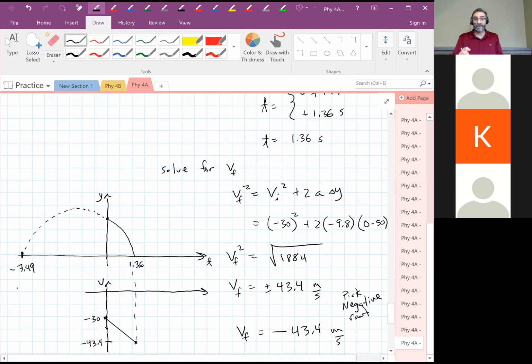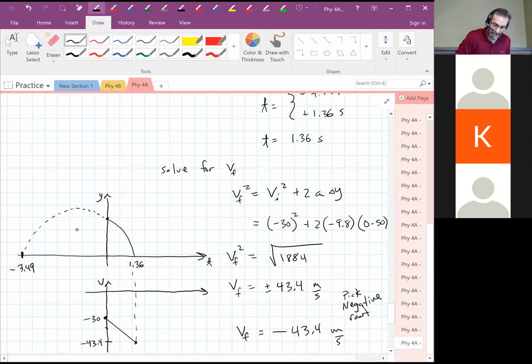If I was standing on the ground and I threw the ball up 7.49 seconds earlier than t equals 0, it would be coming down at the top of the cliff, right? It would go up higher than the top of the cliff, that's more than h.